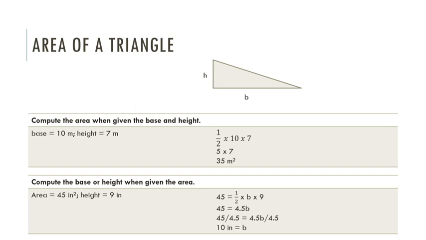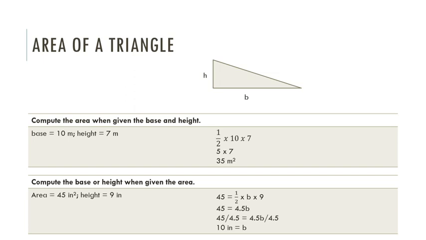This would be the height. You might also see an obtuse type of triangle, and again, the height would be this dimension here. This would be your base. The main thing is that the height is always going to be perpendicular to the base.